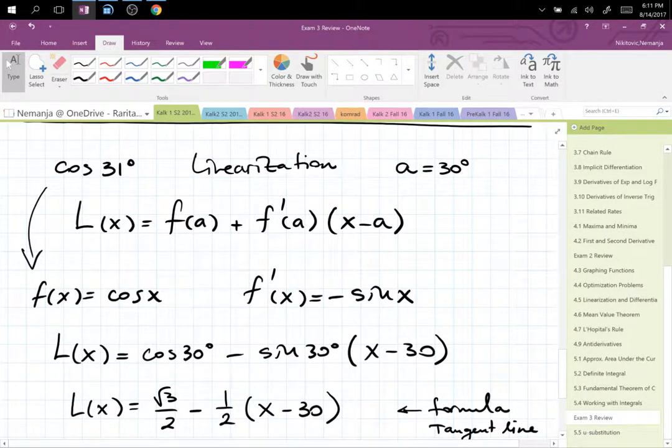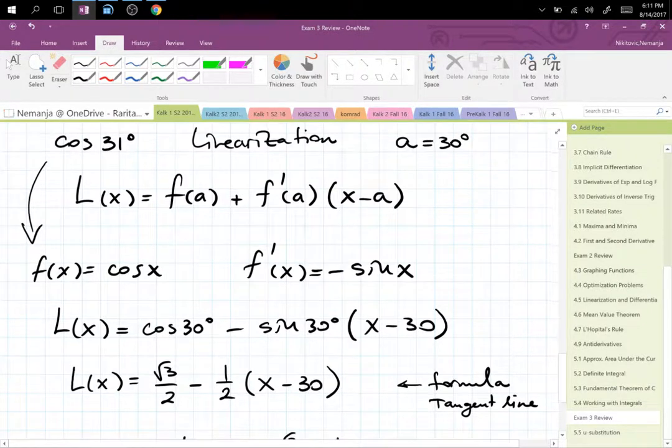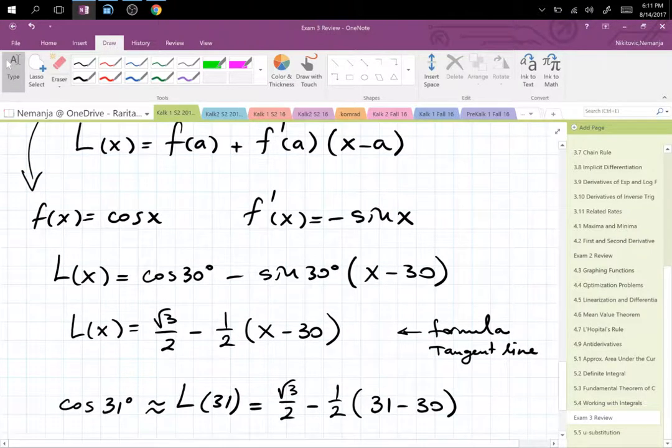Let's see. So we have cosine of 31 degrees. We are going to use 30 degrees there. Derivative of cosine is negative sine. The cosine of 30 is root 3 over 2. Sine of 30 is 1/2. Ah, this over here cannot be.